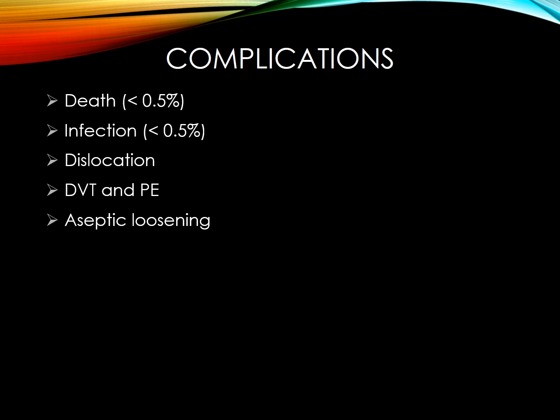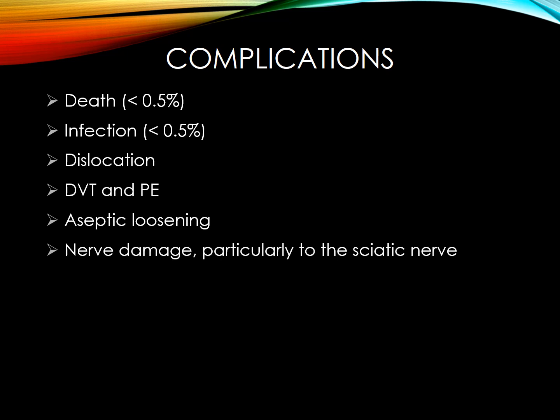You can damage the femoral nerve or the sciatic nerve, or indeed you can go full house and damage both. That is pretty rare. You can fracture the femur when you're trying to dislocate the hip during the course of the operation. That's happened to me once. The sound of a femur fracturing during an operation is really pretty alarming.